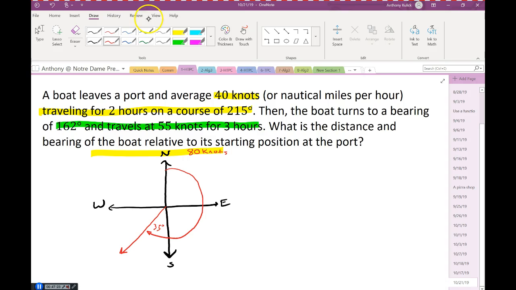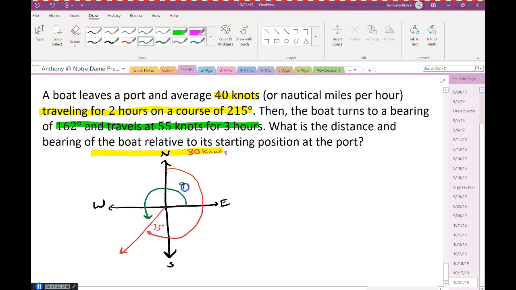But remember, we're not interested so much in the bearing as we are in the angle measure from standard position, which would be this.